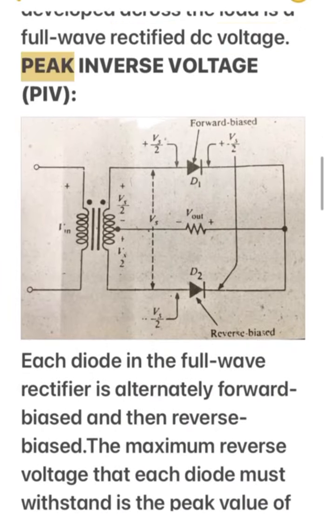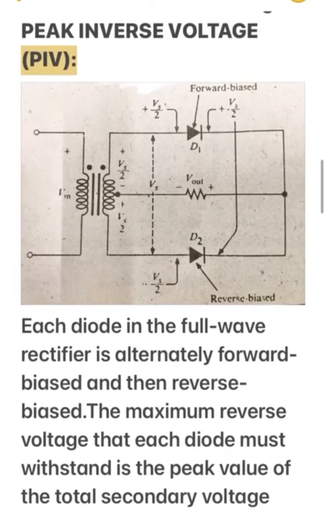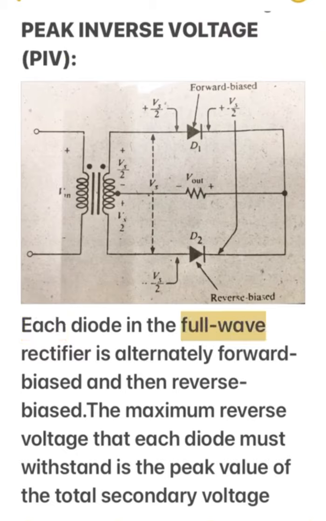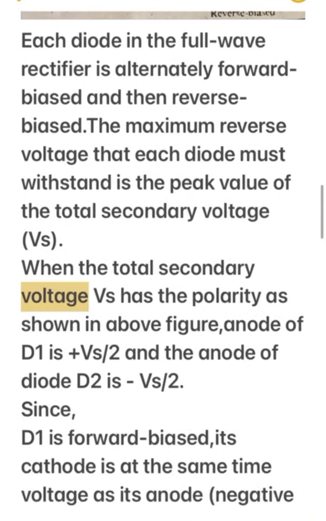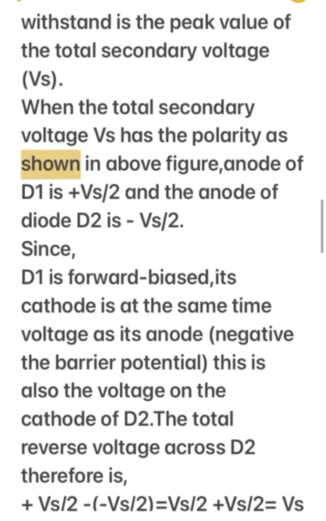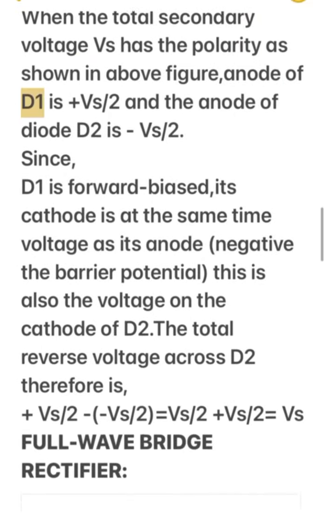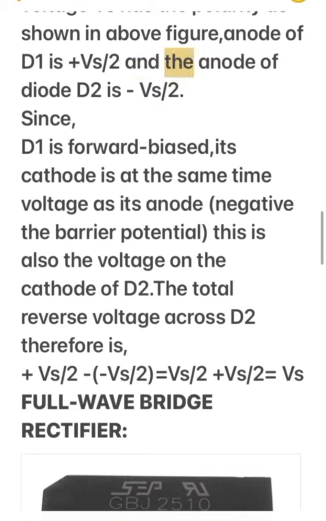Peak inverse voltage, PIV. Each diode in the full-wave rectifier is alternately forward biased and then reverse biased. The maximum reverse voltage that each diode must withstand is the peak value of the total secondary voltage, Vs. When the total secondary voltage Vs has the polarity as shown in the above figure, the anode of D1 is plus Vs/2 and the anode of diode D2 is minus Vs/2.